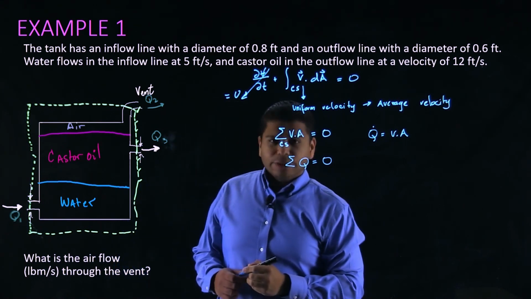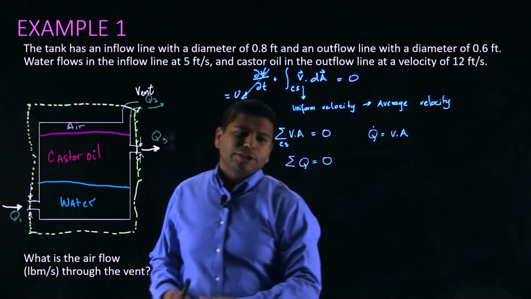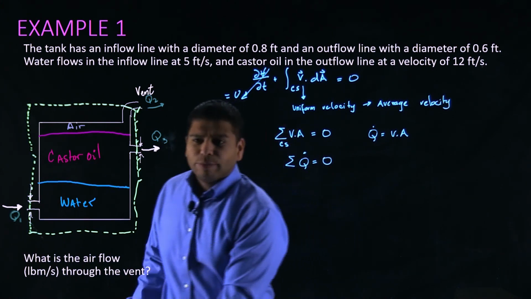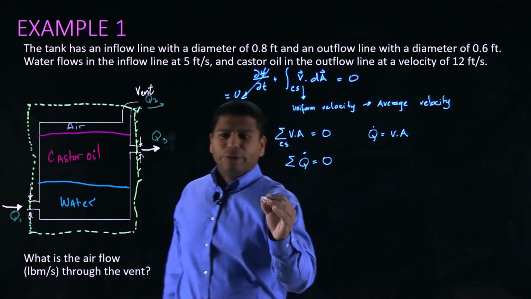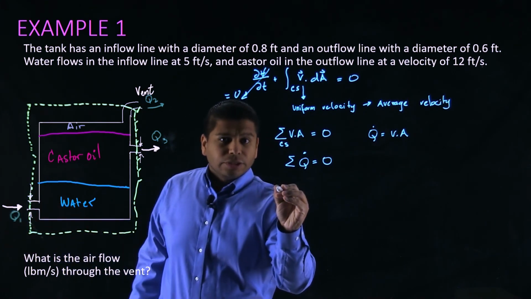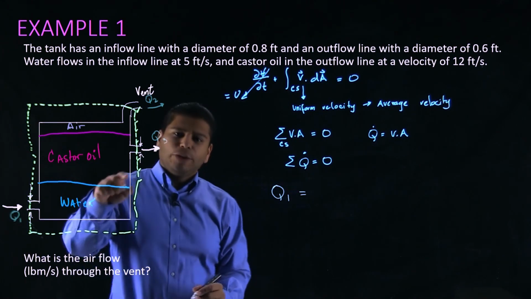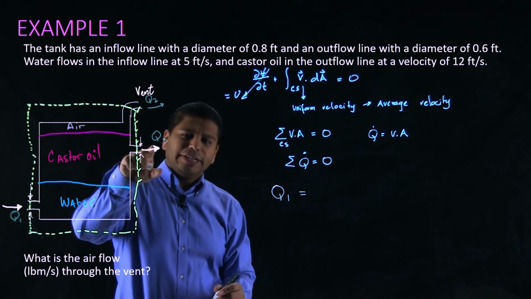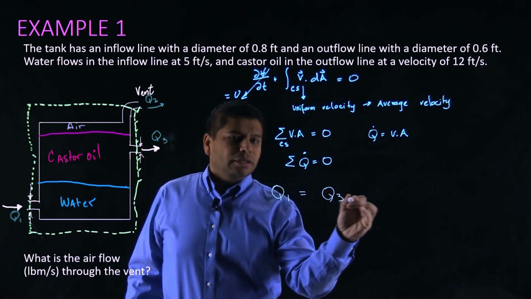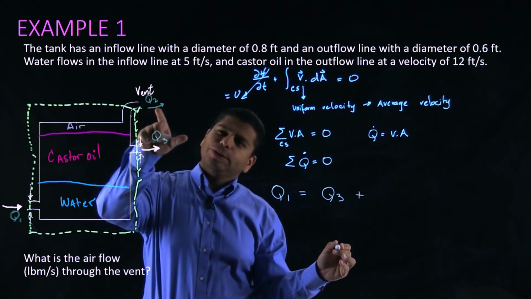Now let's go back and check how to do the sum of the volumetric flow rates. We have a Q1 coming in here at the bottom, and coming out is Q3, which is the oil. Also, in this case, we're going to assume that Q2 is going out.